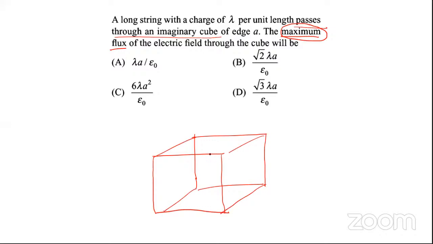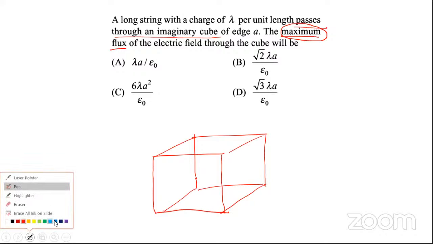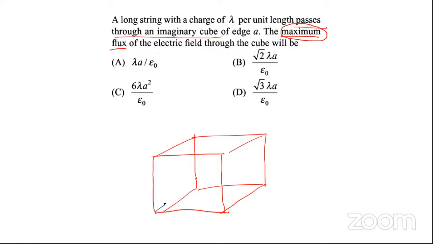See, the case in which maximum flux will be possible, that is the diagonal. If the wire passes diagonally through the cube, then the maximum part of the wire can be inside it.